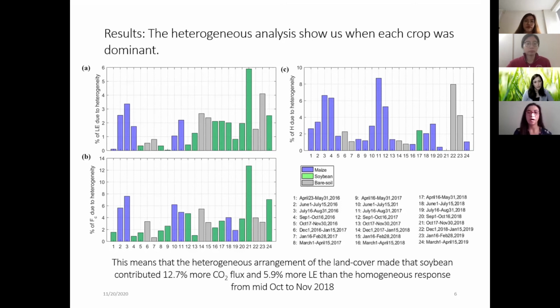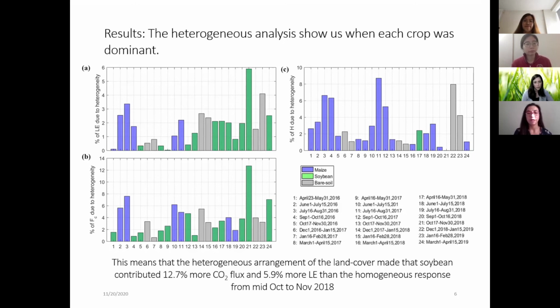So in the hypothetical homogeneous case, we assume that we have randomly distribution of the two crops and that both reflect equal contributions.